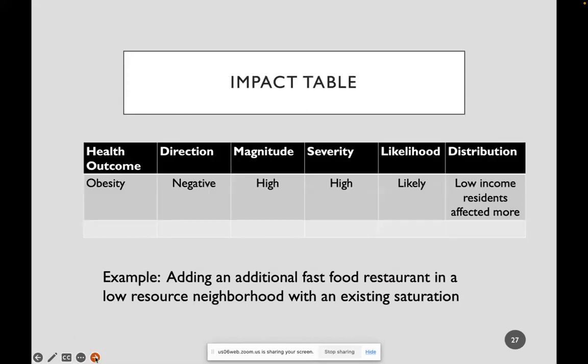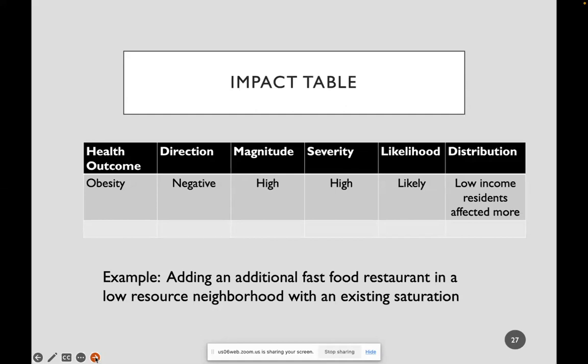Impact tables are another tool that we use to communicate with the community whenever you have your health impact. This is one of adding a fast food restaurant, and you can see that the HIA found that it would negatively impact people's health in a low resource neighborhood because they wouldn't have other options for quick food, that it would be high because there wasn't a grocery store in this community.